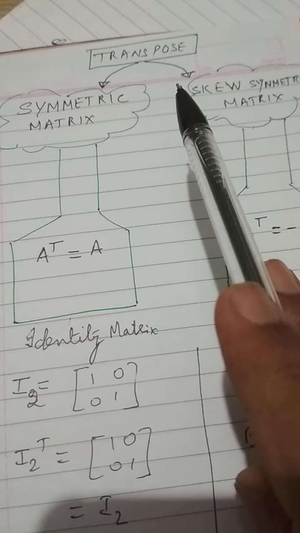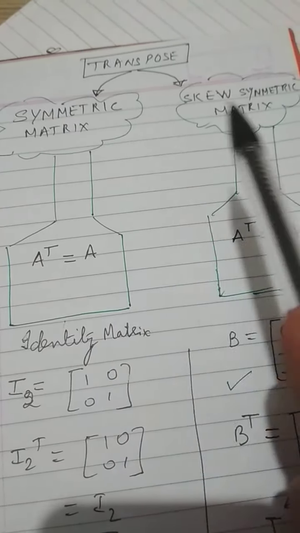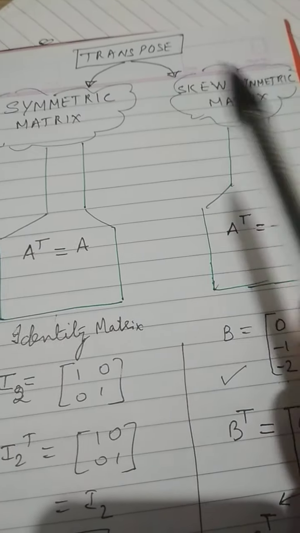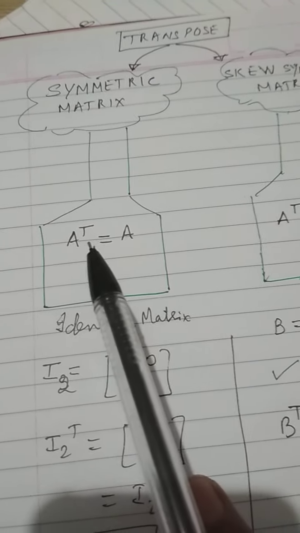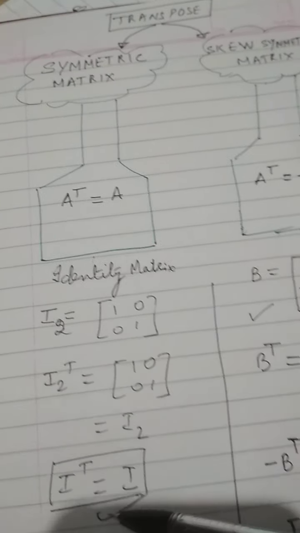I repeat, the transpose of a matrix is divided into two categories, symmetric matrix and skew symmetric matrix. What is a symmetric matrix? If it equals its transpose, the best example is the identity matrix.